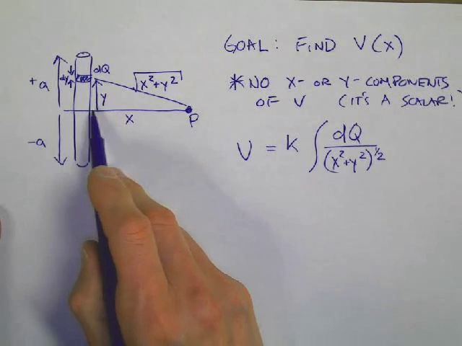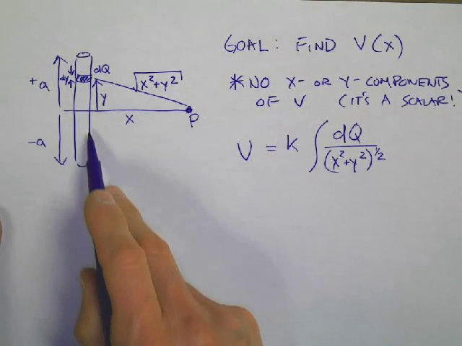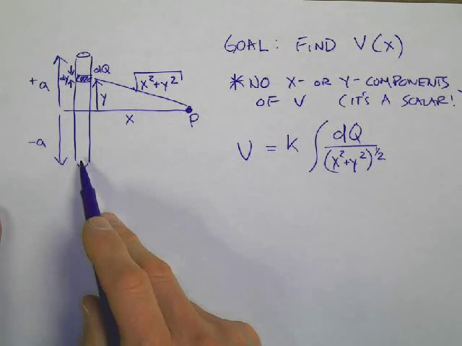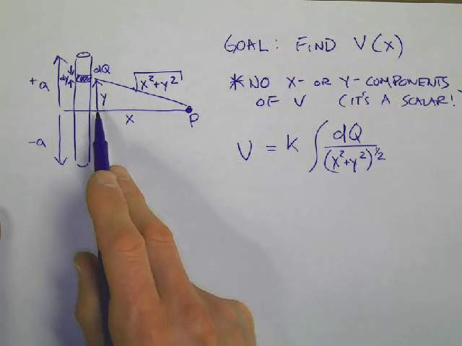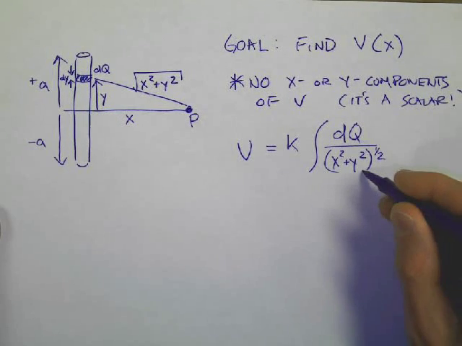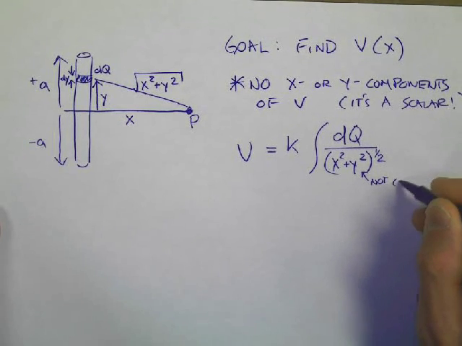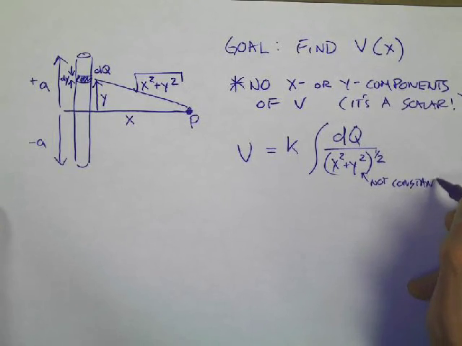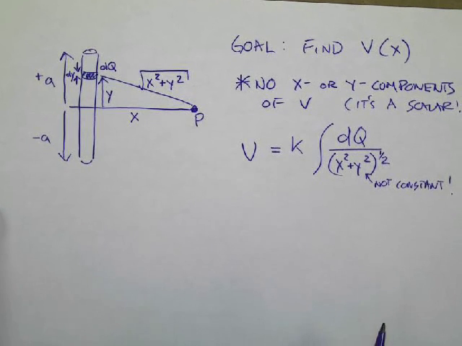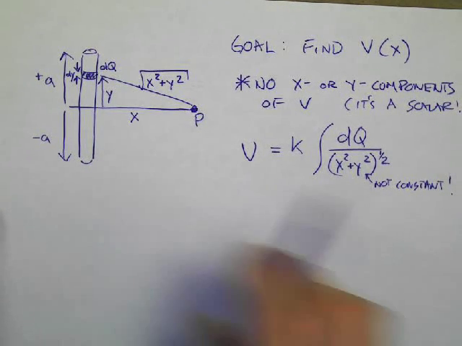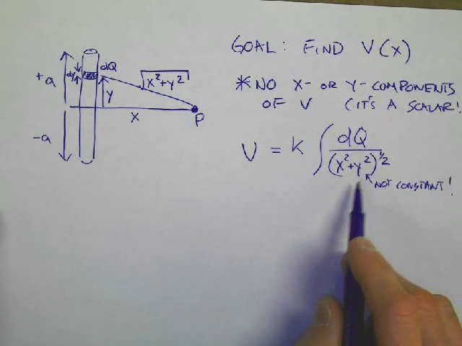I hope you can see that as I move up and down the rod, my y value is going to be changing. Okay, so y is not a constant, and so I cannot factor that term out of the integral like I did before, which is kind of a bummer. Okay, so off to the side here, I've got to figure out what to do.